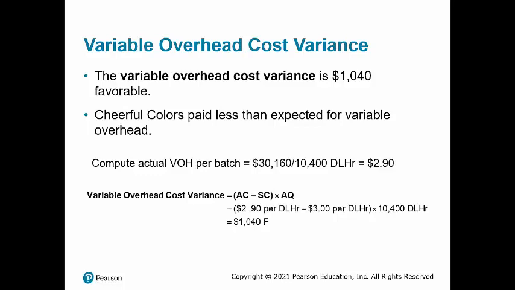Using the formula, the variable overhead cost variance is $1,040 favorable. The $1,040 variable overhead cost variance is favorable because Cheerful Colors spent 10 cents less per hour than budgeted.